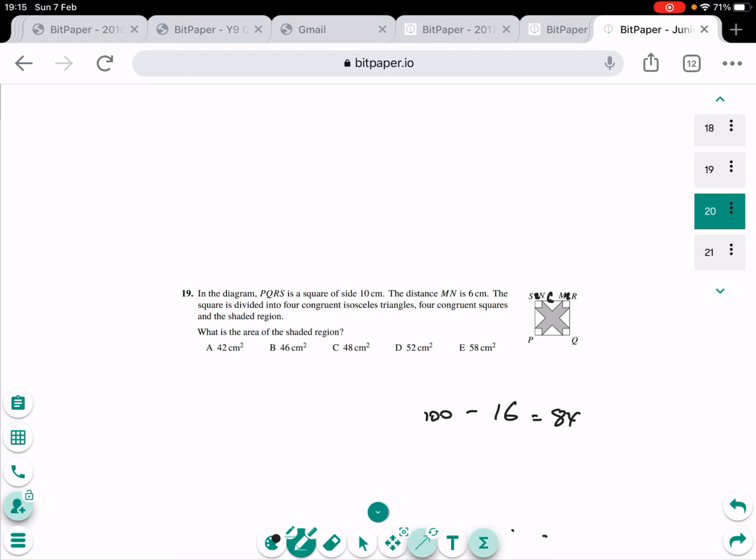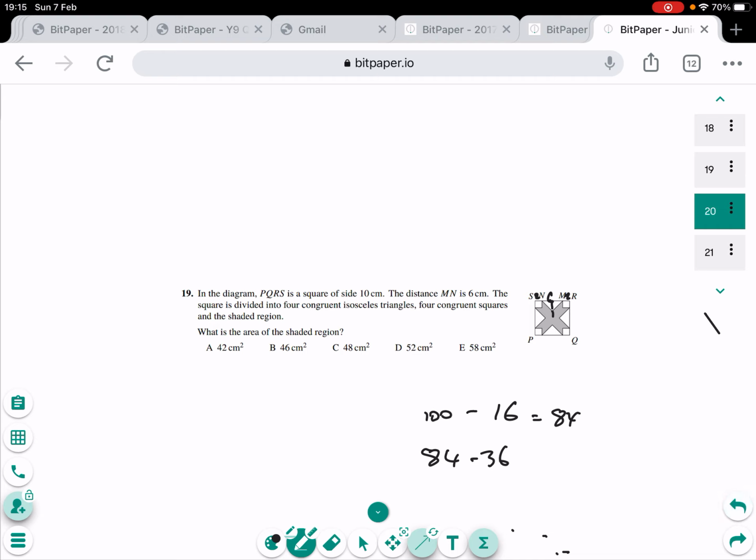So for that you do 84 minus 36, because the height here is 3, because that's 3, 3, 3.